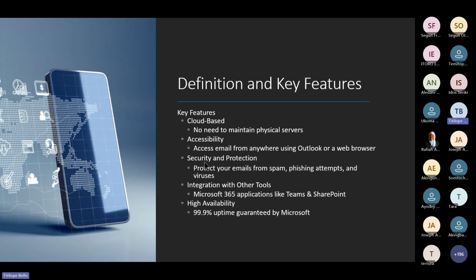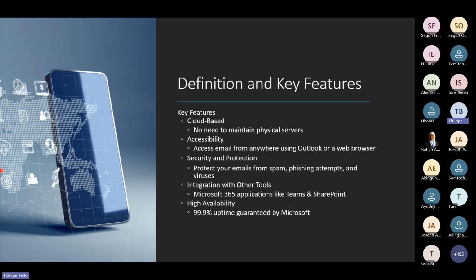And the other feature is the security and protection that comes with Exchange Online. Exchange Online has inbuilt email security to help you prevent things like spam email, phishing, and viruses from getting into your mailboxes or into the organization, right?